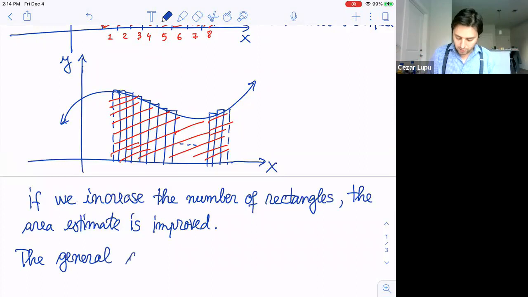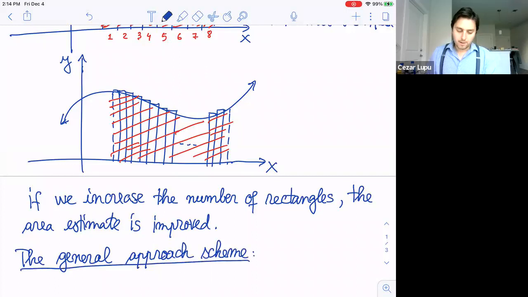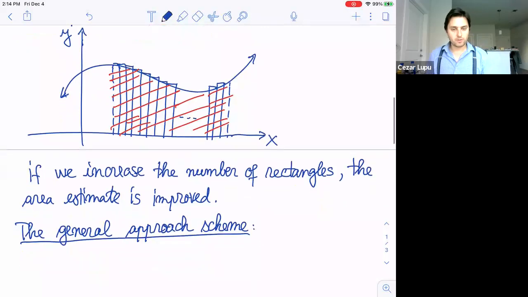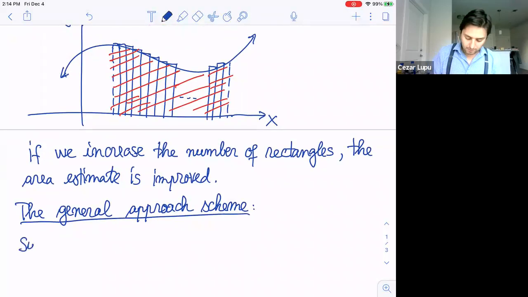Now let me say a few words about the general approach. The general approach scheme is the following. Here is a story.